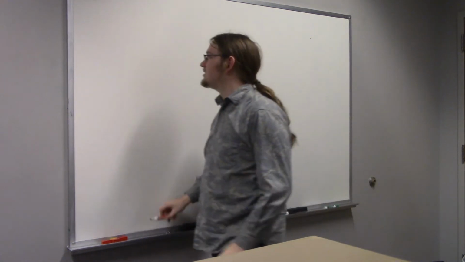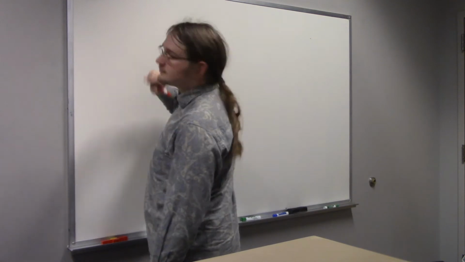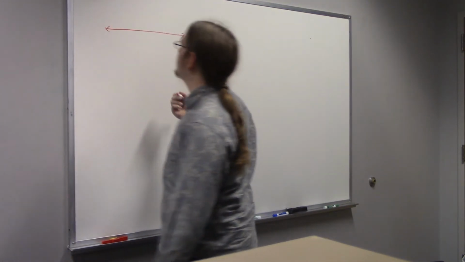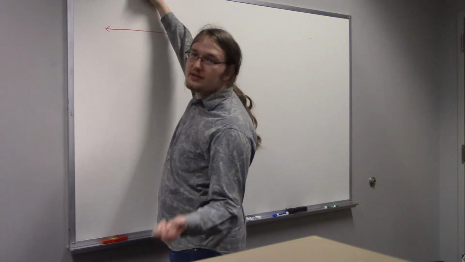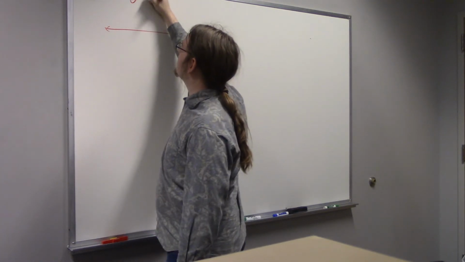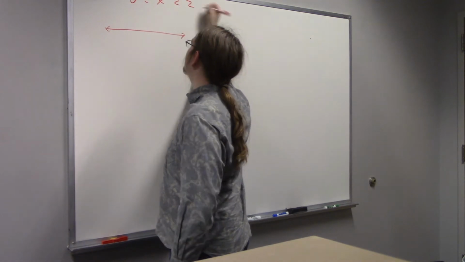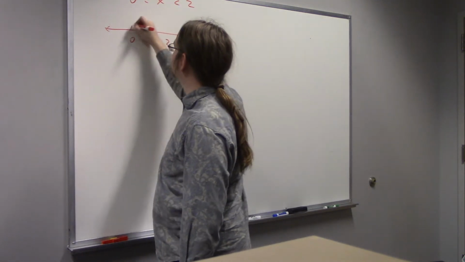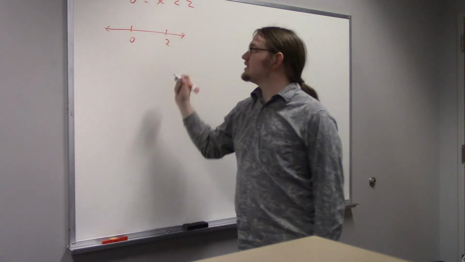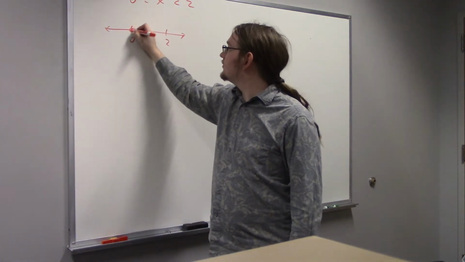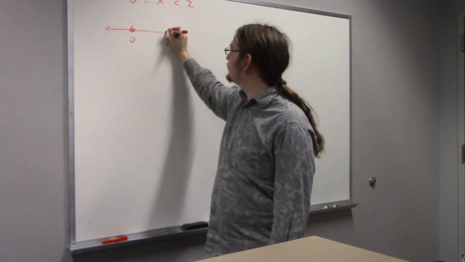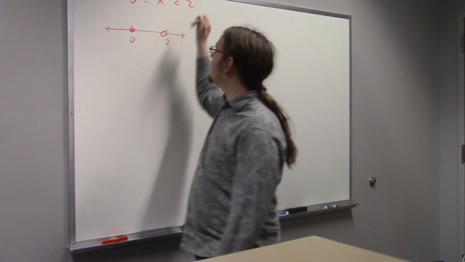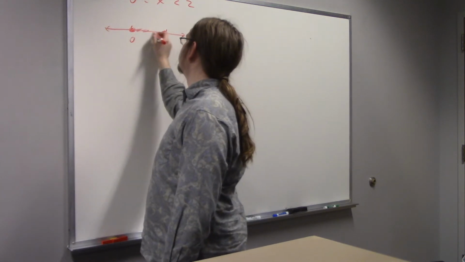So we know, for instance, we can look at our line graph and we say, okay, well, the interval is 0 is less than or equal to x is less than 2. Then from 0 to 2, we fill in the circle on this end, 2 we keep it open because it's less than 2, and then in between we fill in.